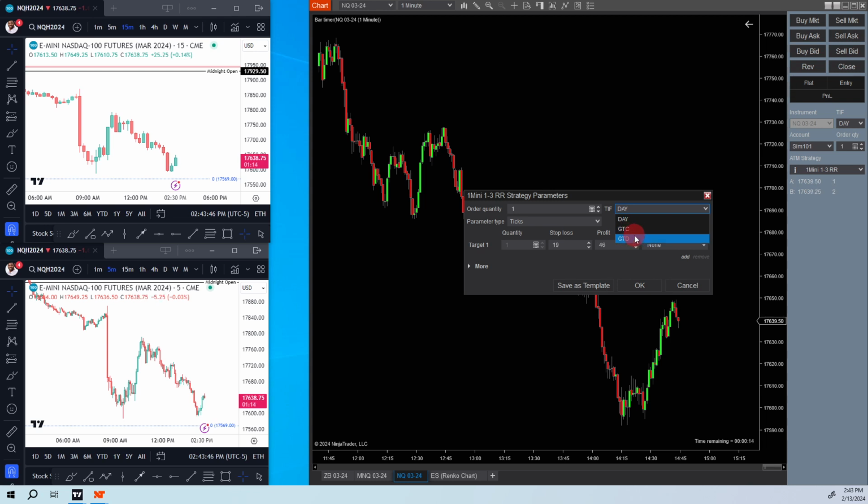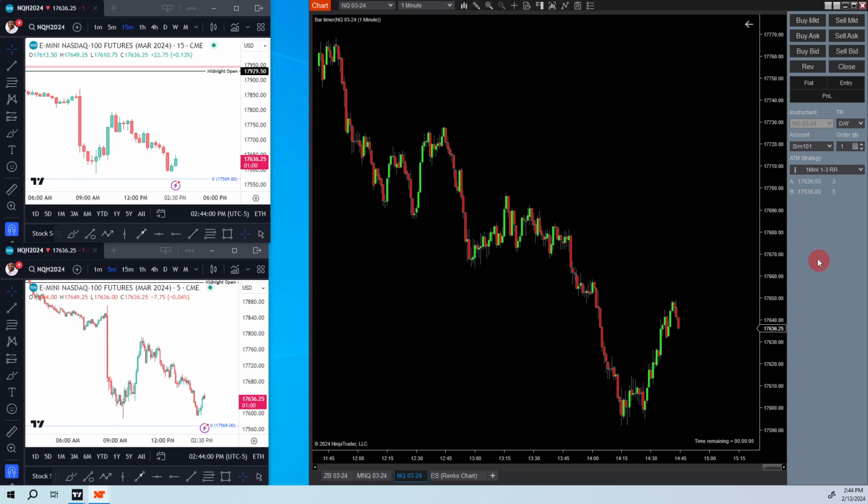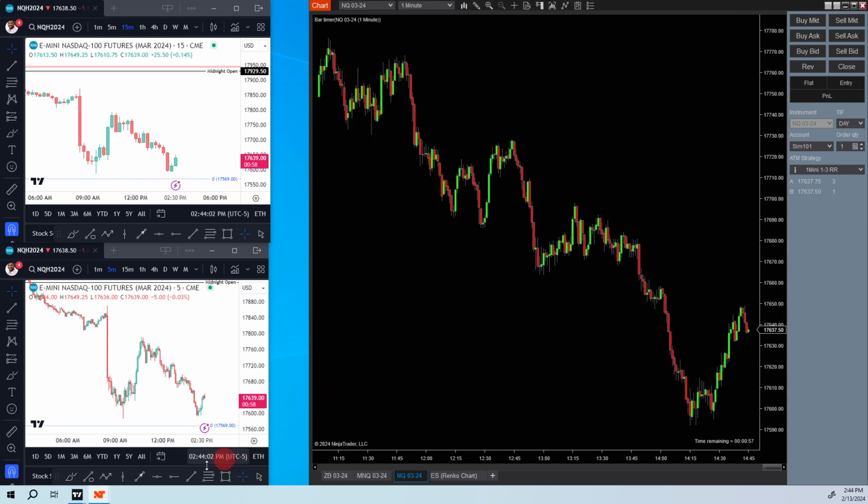With good till date, you can set the date when you want it to cancel. Good till cancel just stays for whatever the default is for that platform, and a day order, at the end of the day, just closes out.